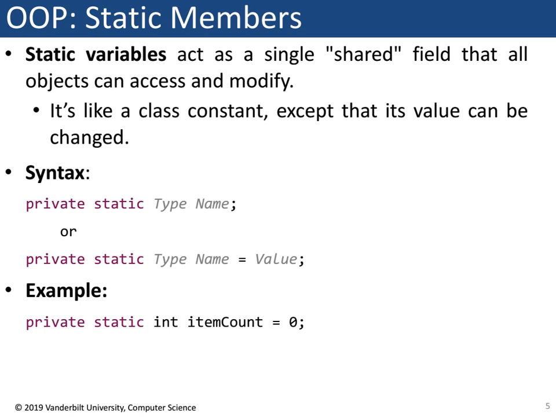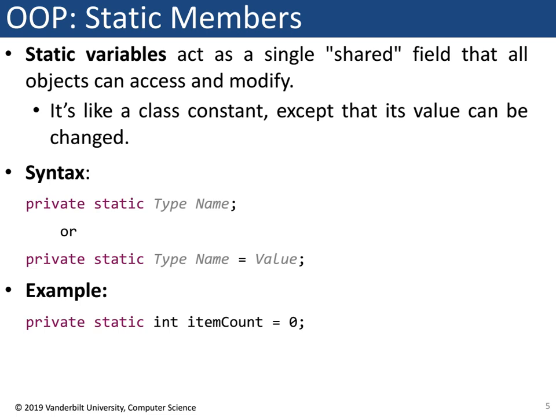So to declare a static field, you would say private static type and then name. So type is the data type and name is the name of the private static variable. You can do the same thing and initialize it if you so wish.